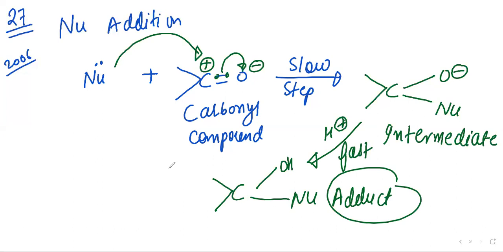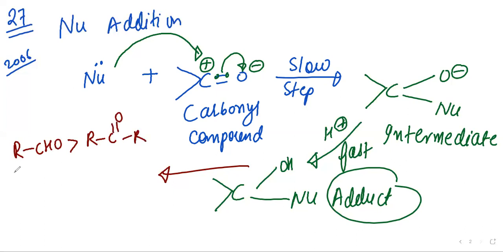I will give you the next point now. Aldehydes are more reactive than ketones. So write RCHO is more reactive than ketone, RC double bond O. Both contain the carbonyl group, but aldehyde is more reactive as compared to ketone towards nucleophile, towards Nu.